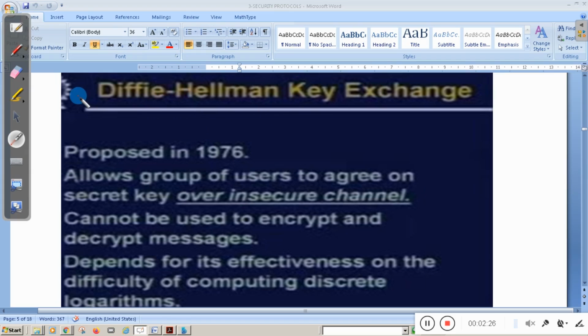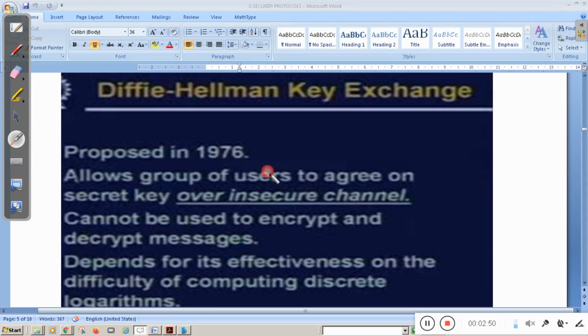Before starting, students please note this algorithm is not an encryption or decryption technique. Diffie Hellman is used only for key exchange. It is not used for encryption or decryption, so you have to note this. It was proposed in 1976.